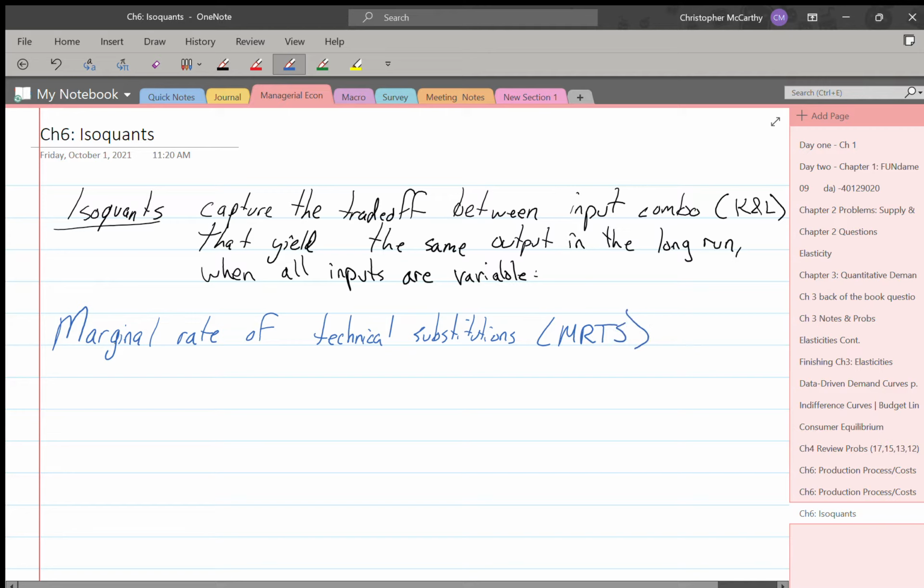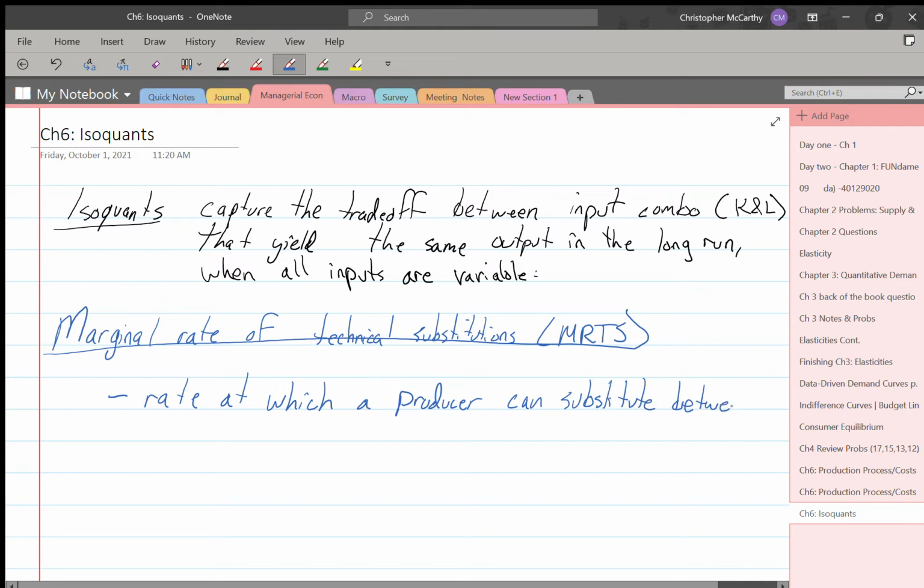So the marginal rate of technical substitution, this is the rate at which a producer can substitute between two inputs, maintaining the same level of output.